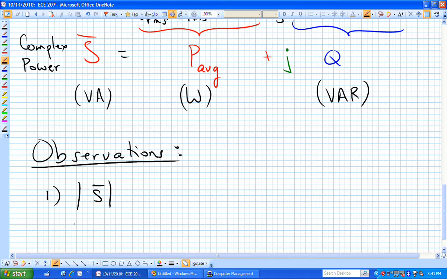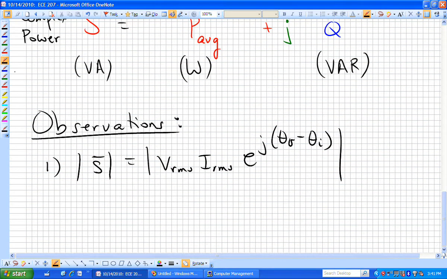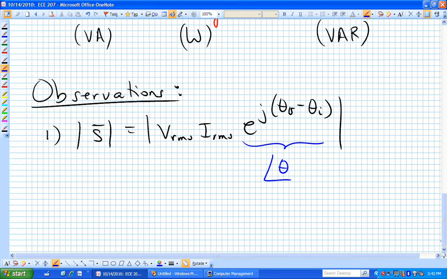If we want just the hypotenuse, or the magnitude of that, we could find VRMS, IRMS, e to the j, theta v minus theta I. That's one way of viewing that. This is just another way of writing at an angle of theta and trying to convince you that that angle piece does not contribute at all to the magnitude, where the magnitude of e to the jx is, well, if you can't see it, but that's this rotating phasor.